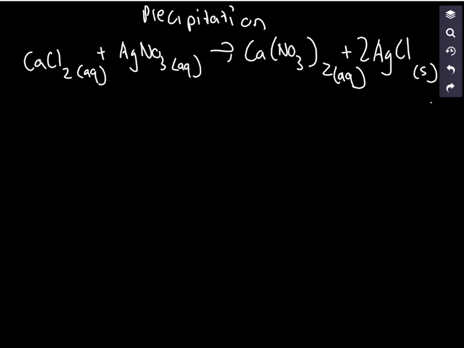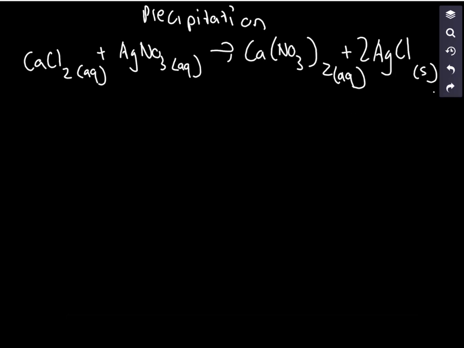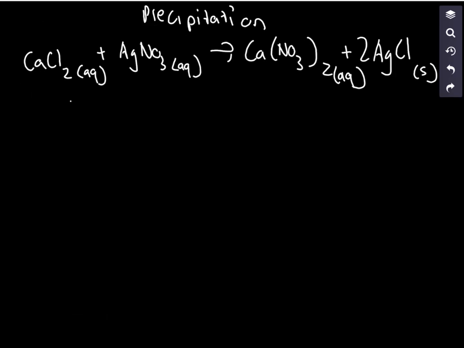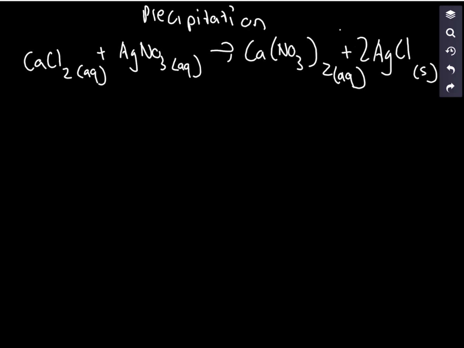Well, a precipitation reaction is when you have two aqueous, right? This is a double replacement. And when you get your result, you get one aqueous and one solid, okay? So when these two things react with each other and the double replacement happens, and you get an aqueous and a solid, that reaction is a precipitation reaction.